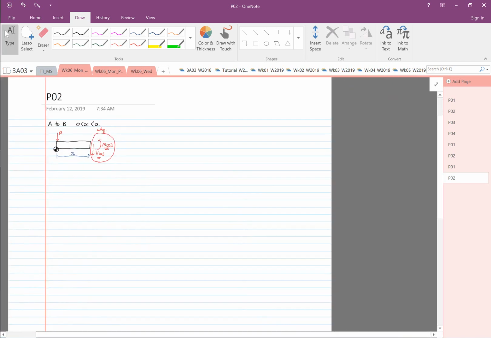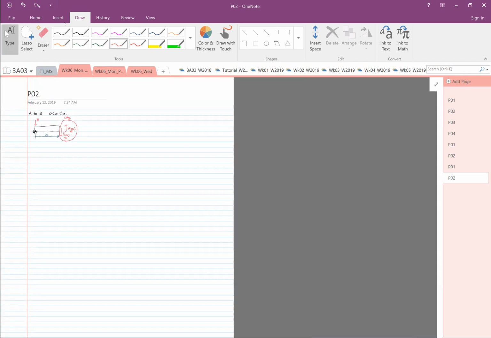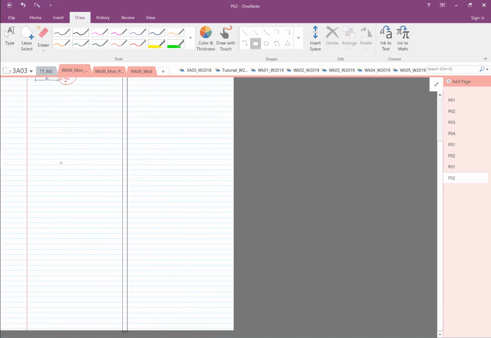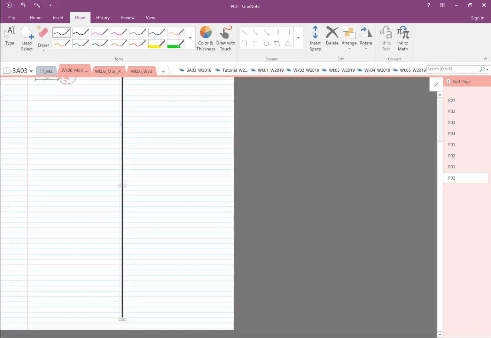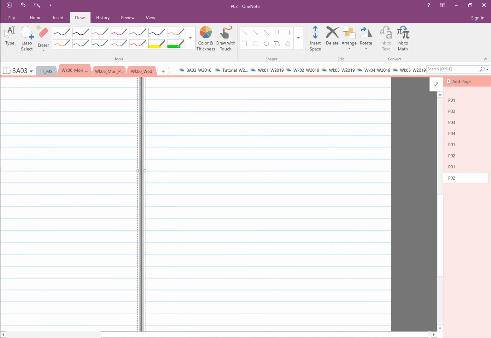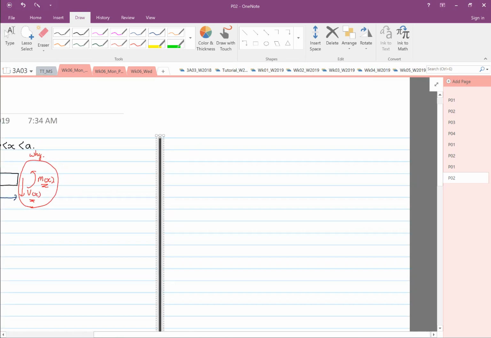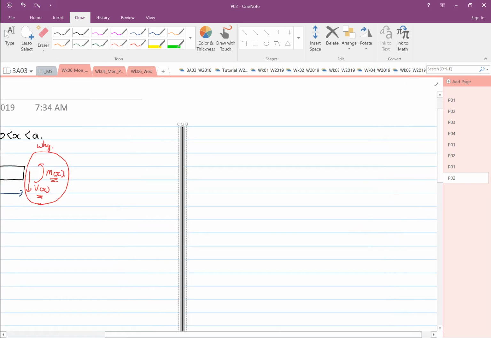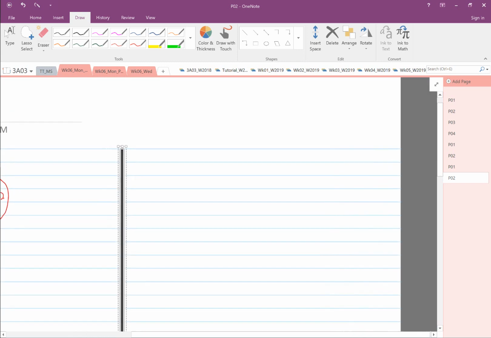Okay, so I'm going to split this into two. So when we deal with this, we call it positive shear and positive moment assumption.